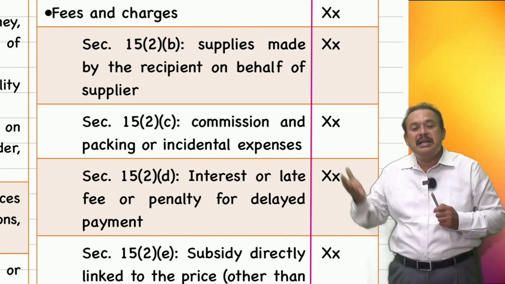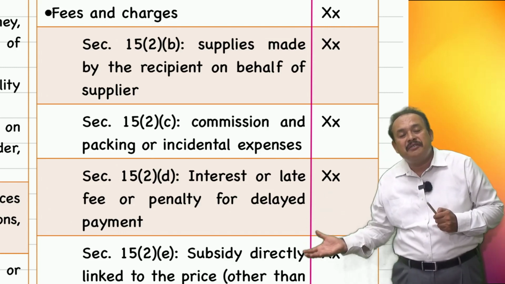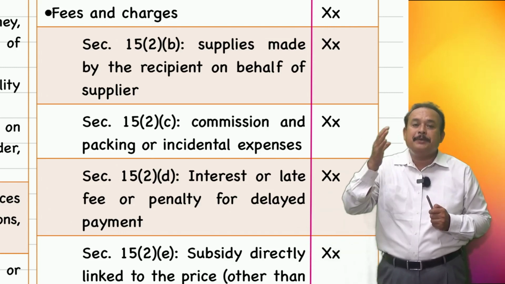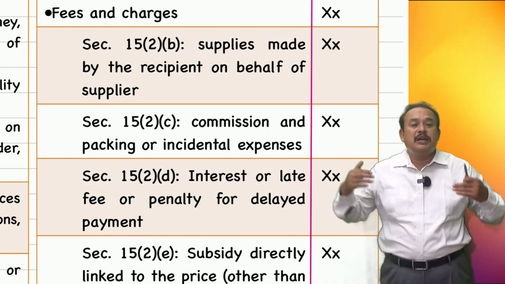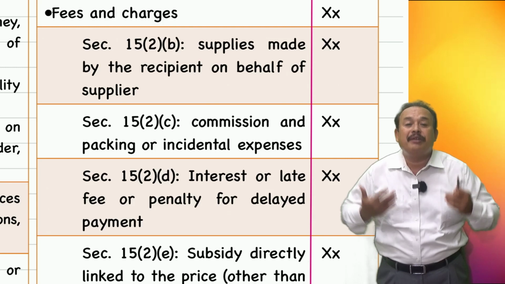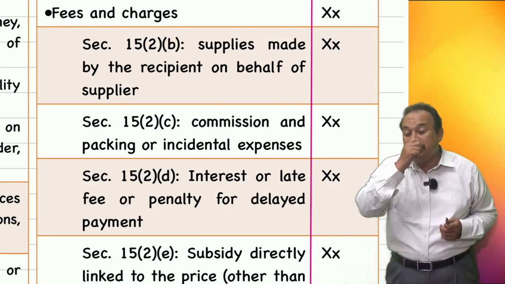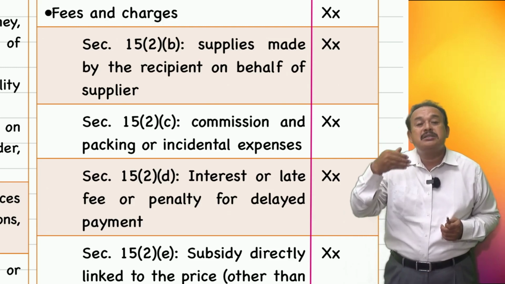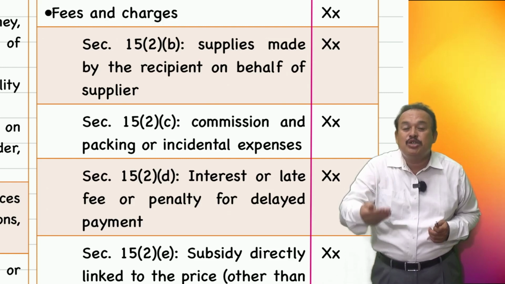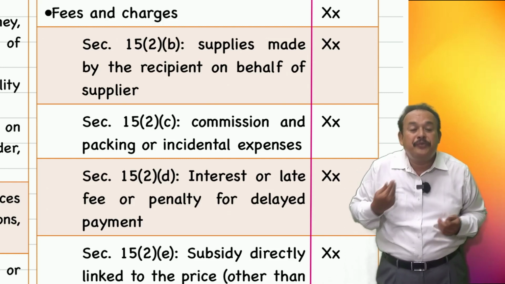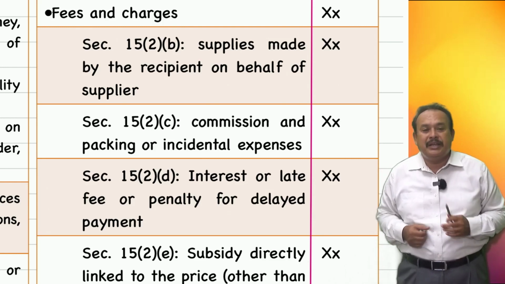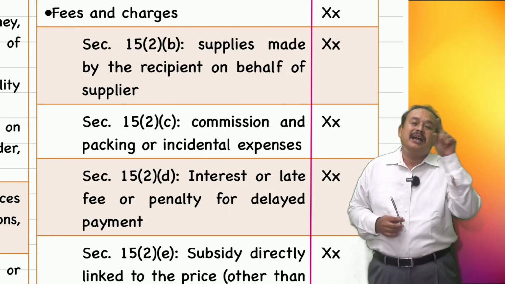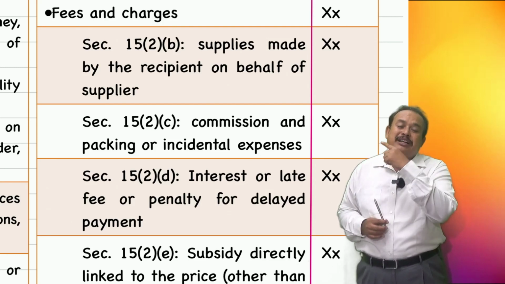That means I lift from my books of accounts 7,50,000 and kept outside the books of accounts, and this value is undervalued. Therefore, what I am doing? Adding. What is adding? The market value, the value of material supplied by the recipient to the supplier free of cost before supply. How much worth? 2,50,000. So 7,50,000 add as per section 15 2B.